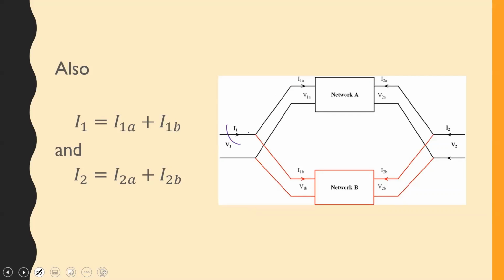So I1 is equal to I1A plus I1B. Similarly, I2 is equal to I2A plus I2B. All right, so we're just establishing these bits of facts based on the network connections that we have.